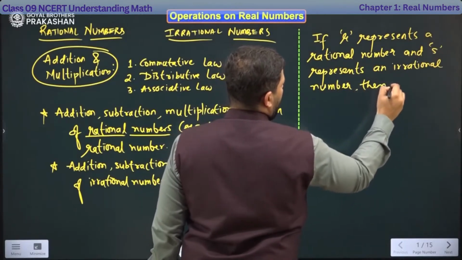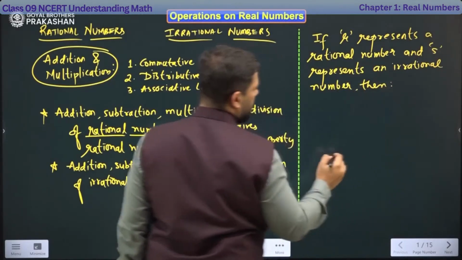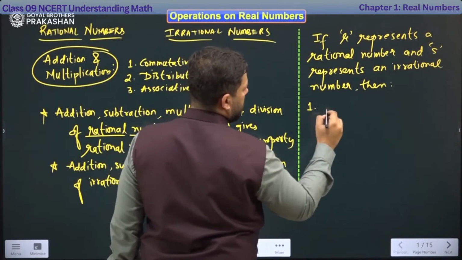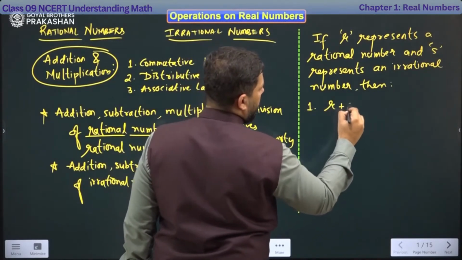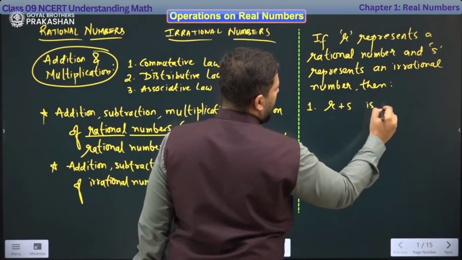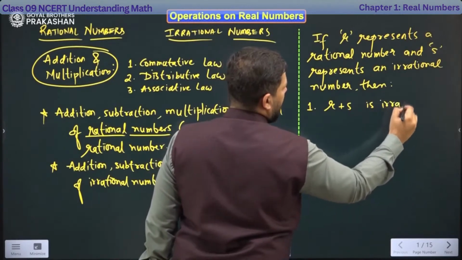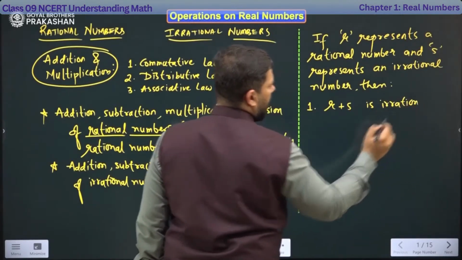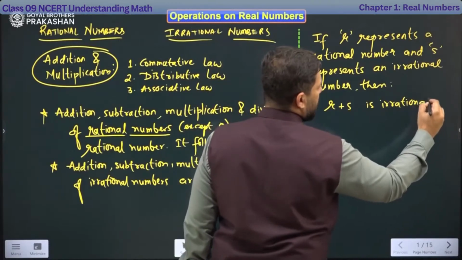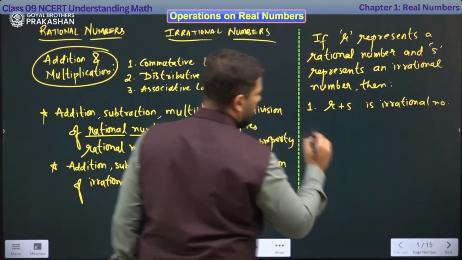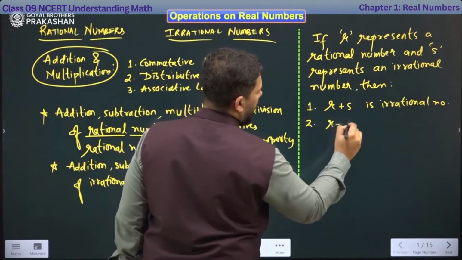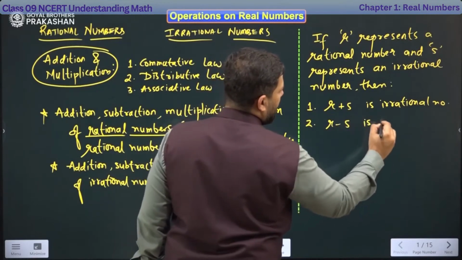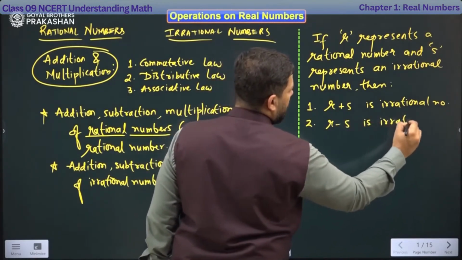then very important result, guys. First, R plus S is irrational. That means the addition of rational and irrational results into irrational. Second, R minus S is irrational.